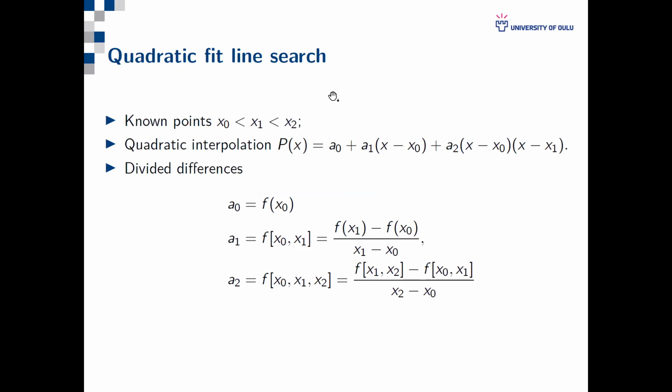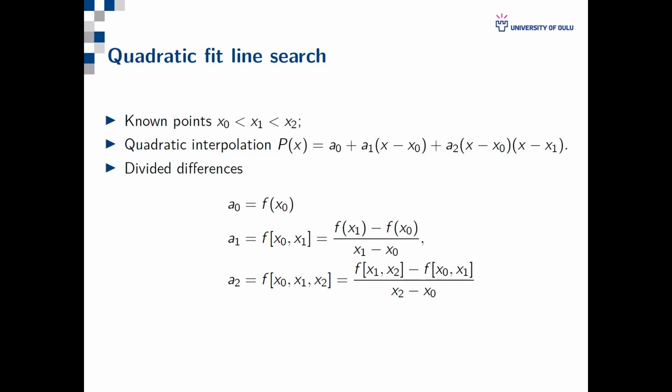The quadratic fit line search is based on Newton method as well. But we don't compute the derivative of the function itself. We take 3 known points. We just choose 3 points from the real line, and we make a quadratic interpolation.